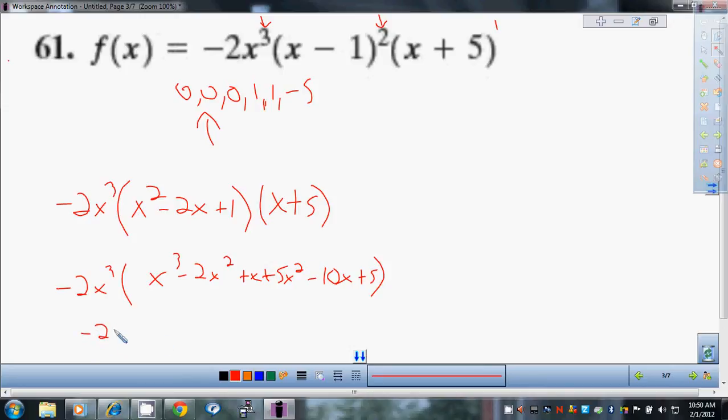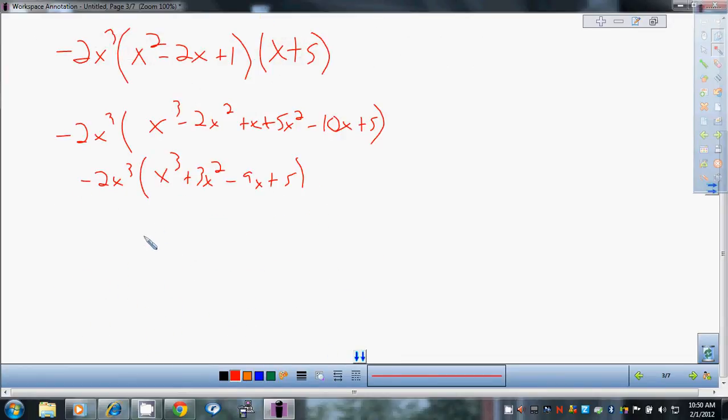Combine your like terms. Then when you distribute, I think this is what you were asking me, Adam, when you distribute that, you're going to get 2x to the 6th plus 6x to the 5th minus 9x to the 4th minus 10x cubed.